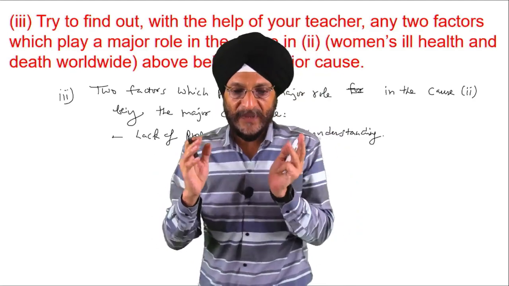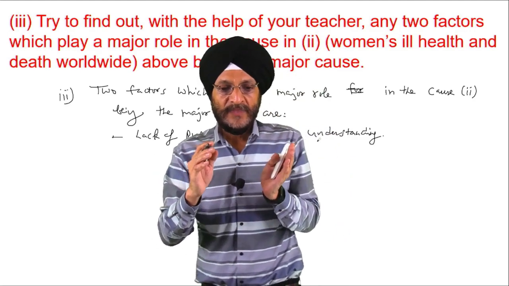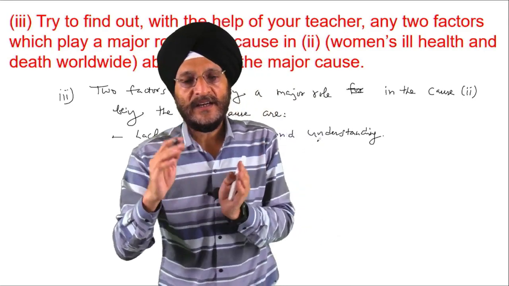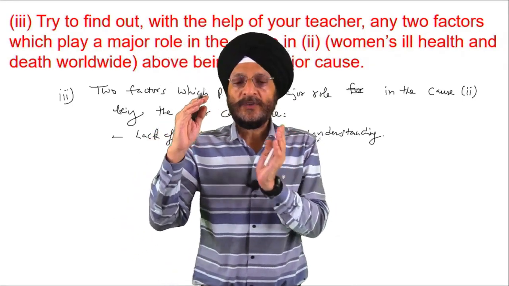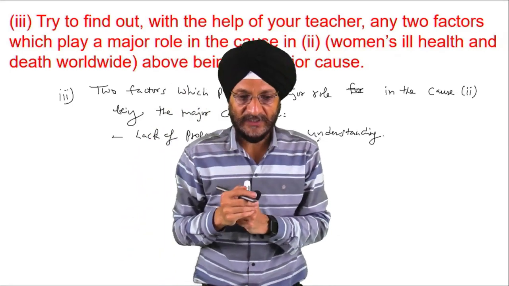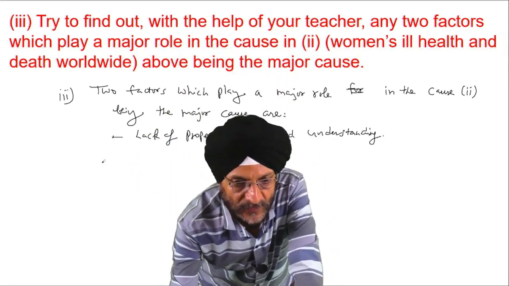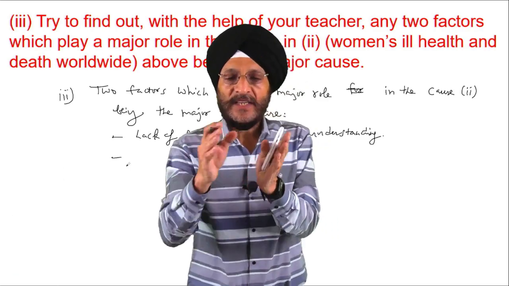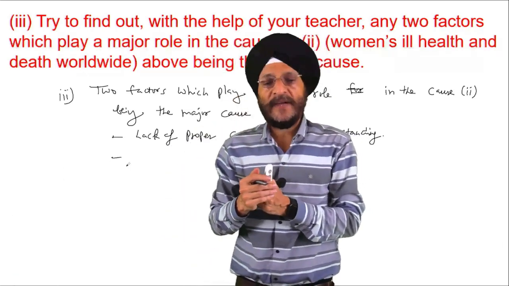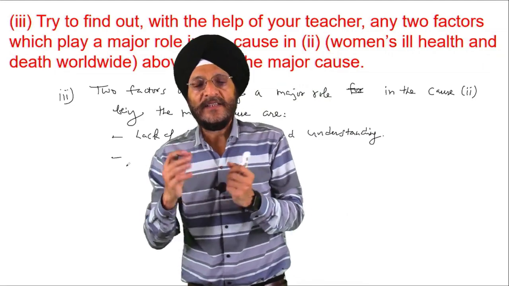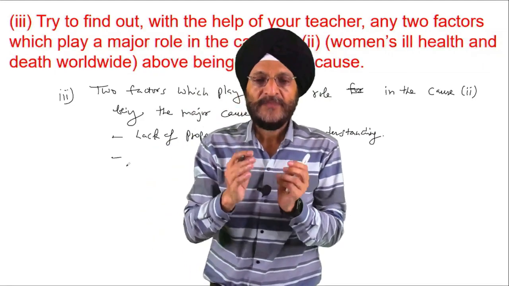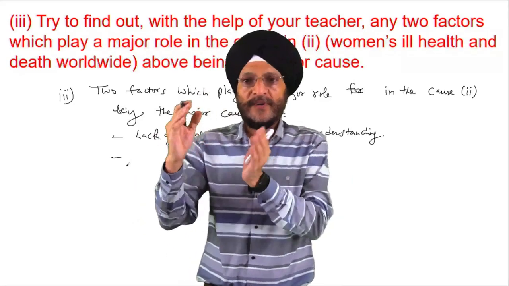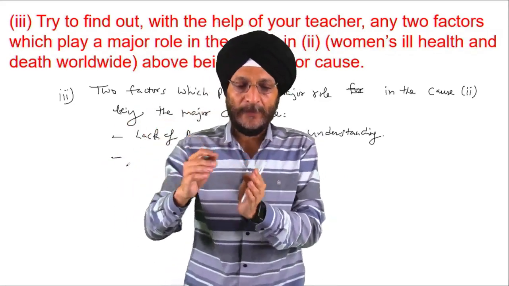So this is the main reason that women's ill health and death is occurring on the high side due to reproductive health conditions. If we place ourselves in the place of women, we can very well understand that there is a need to take proper care of women and to understand what type of work they are doing.